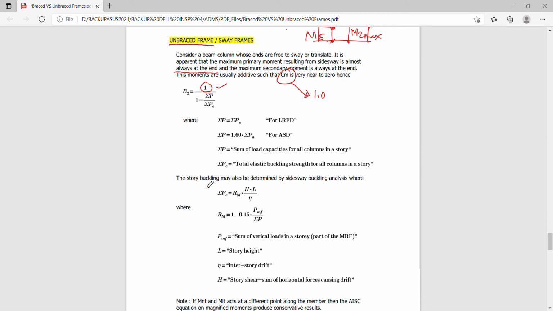So for this, another situation wherein we look into the ratio given by the alpha here. Okay, alpha. Originally, it's simply a P over Pe equation. But for an unbraced frame, it is already a summation of the individual column strength or capacity over the summation of the elastic buckling strength.